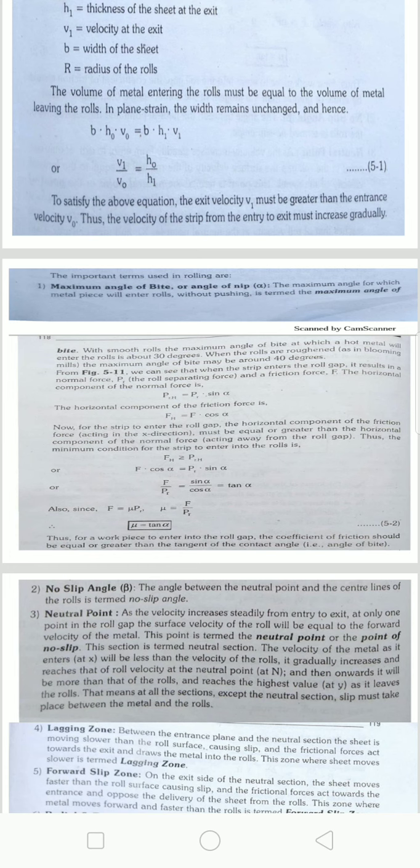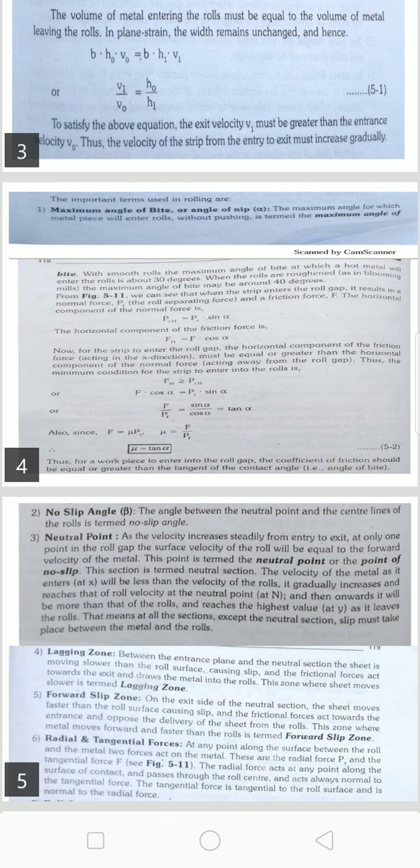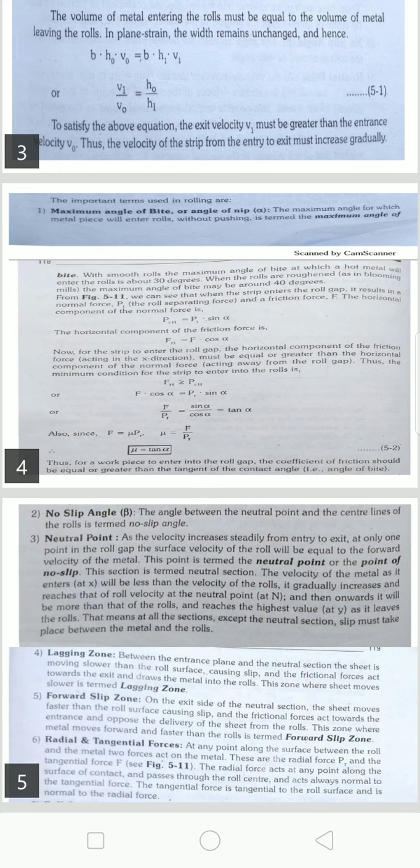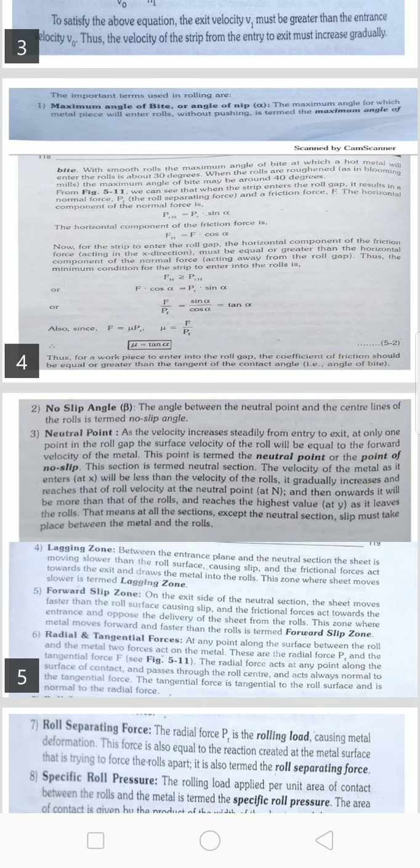For the strip to enter the roll gap, the horizontal component of the friction force must be equal to or greater than the horizontal component of the normal force. Thus the minimum condition for the strip to enter the roll is F_H greater than or equal to P_RH.